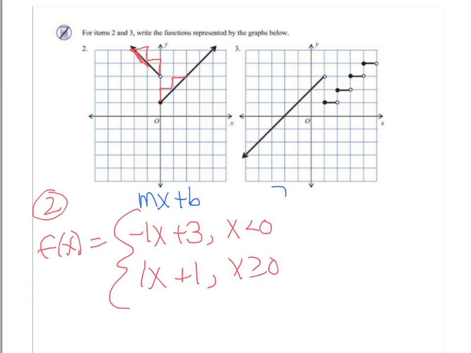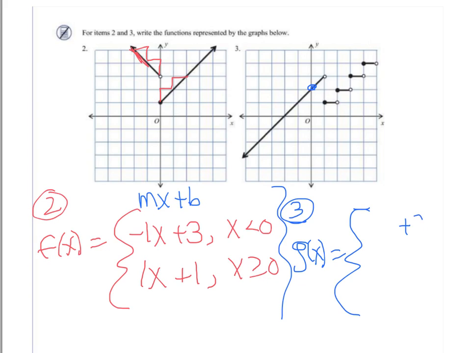Okay, so for number 3, the piece on the left, you can see it has a y-intercept here of 2. I'll call this one g of x. And the slope, if I count it, is up 1 and to the right 1, so that's +x.